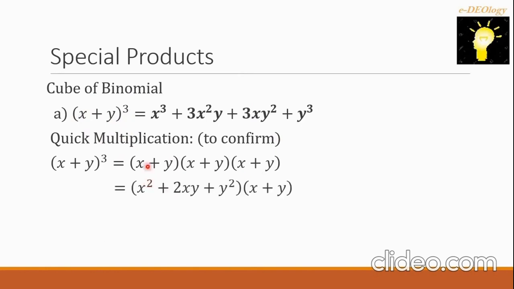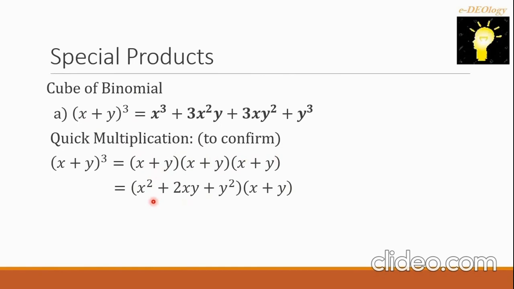And then this x plus y times x plus y, we can simplify this using our special product of square of two terms. So we can have this x squared plus 2xy plus y squared. And then the x plus y is copied here.